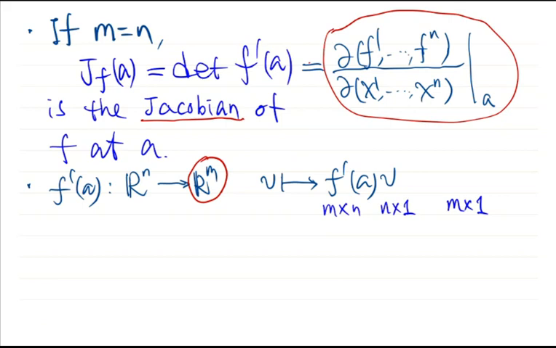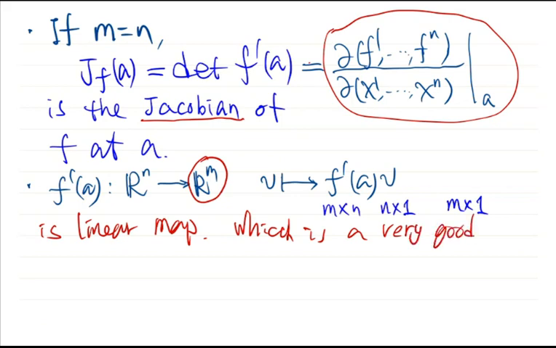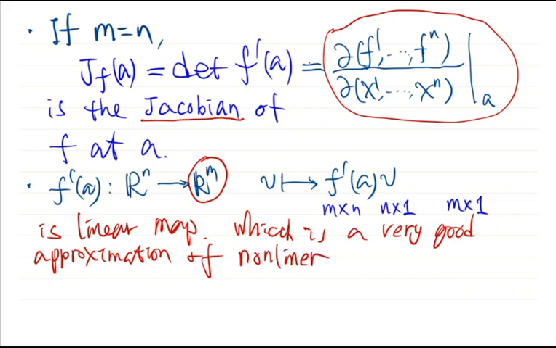Linear maps are easier to study. So it turns out that this linear map provides a very good approximation of a nonlinear map.